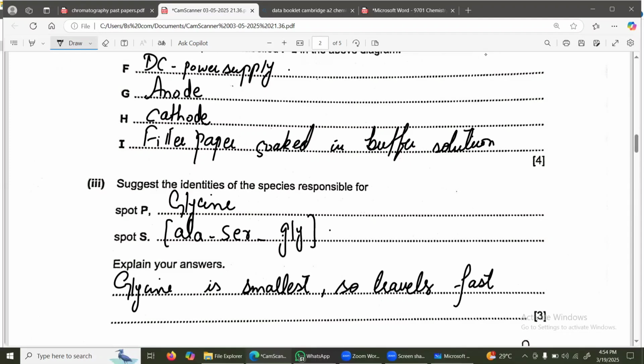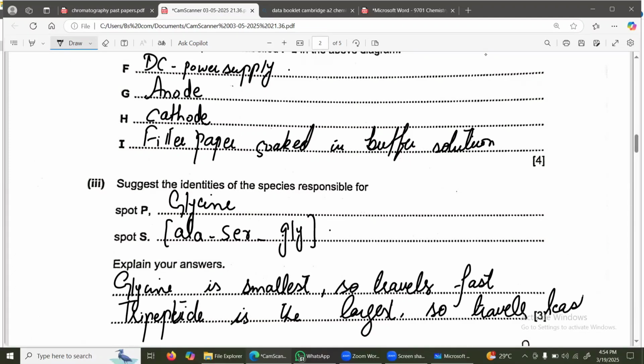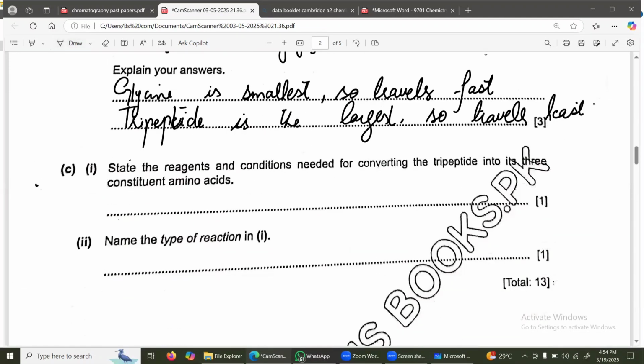Tripeptide is largest, so it travels least. Okay, next.